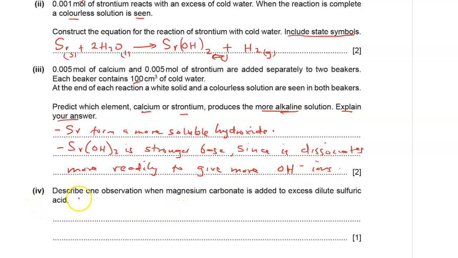Very well. Part 4, describe one observation when magnesium carbonate is added to excess dilute sulfuric acid. Of course, magnesium carbonate reacting with sulfuric acid will give magnesium sulfate, which is soluble, and carbon dioxide gas will be produced, and we'll also have water.